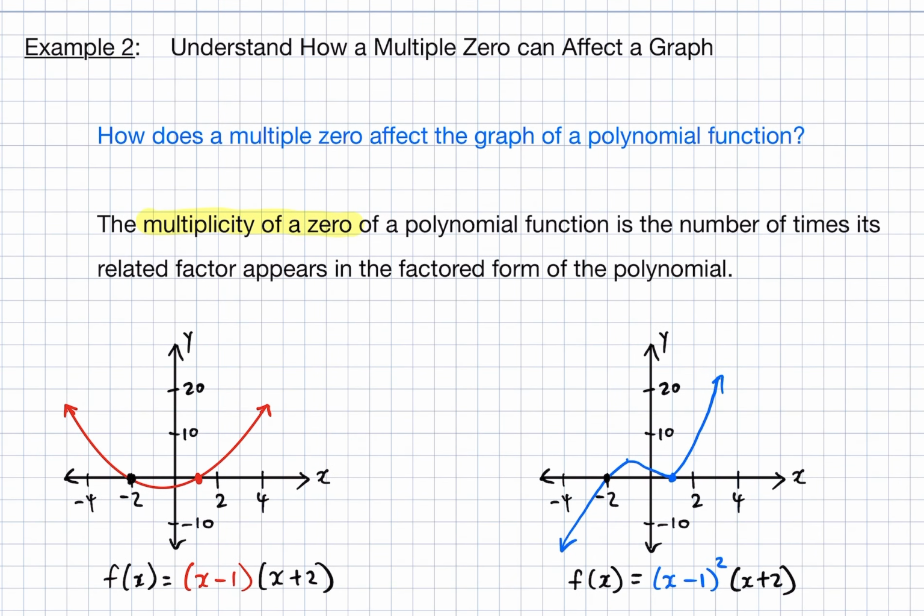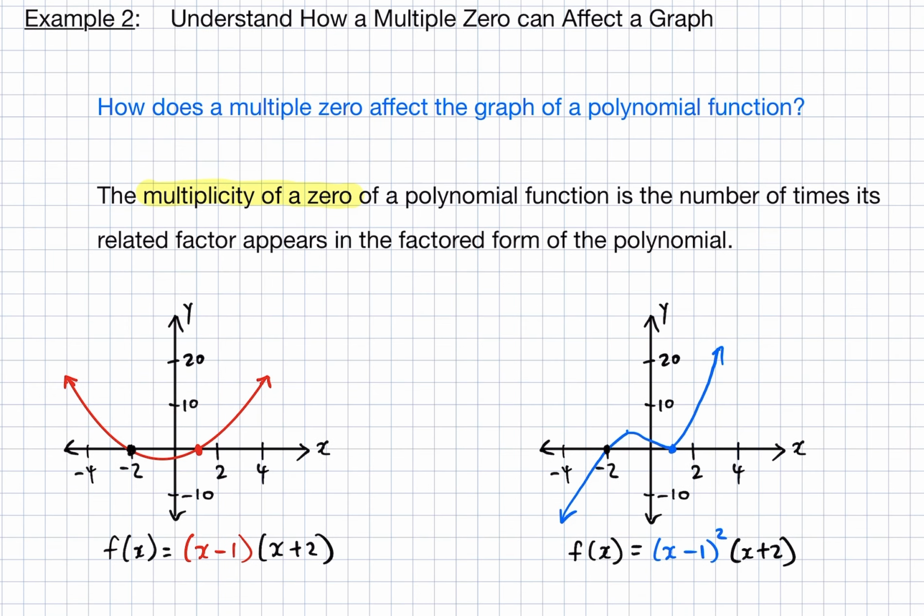Okay, so here what we're going to do is try to understand how multiple zeros can affect a graph. Multiple zeros. Okay, so here's a definition for the multiplicity of a zero. So the multiplicity of a zero of a polynomial function is the number of times its related factor appears in the factor form of the polynomial.